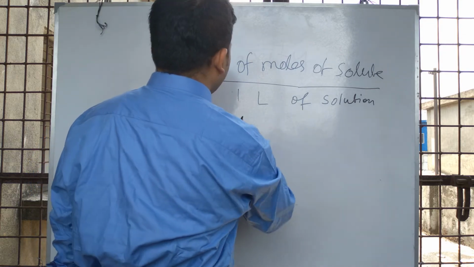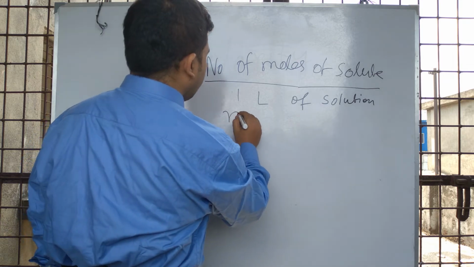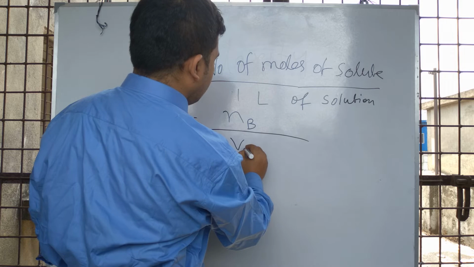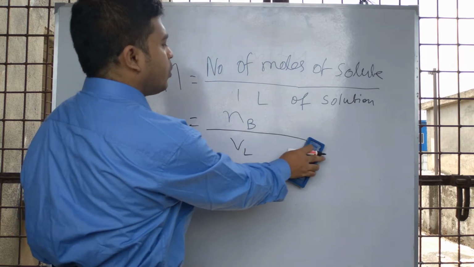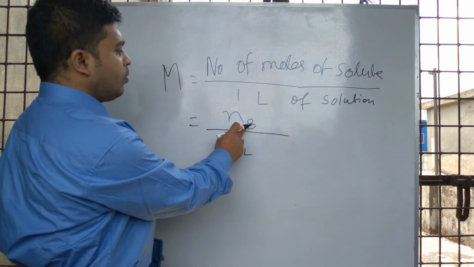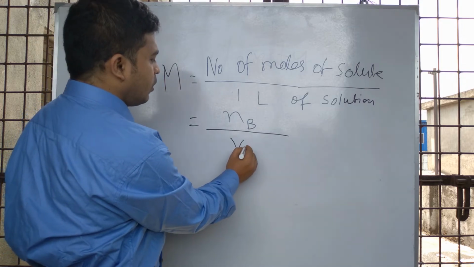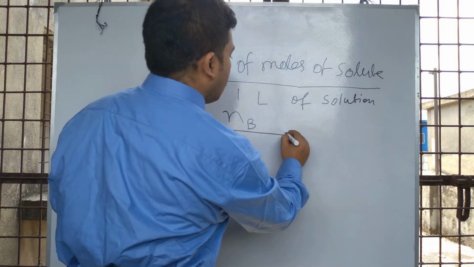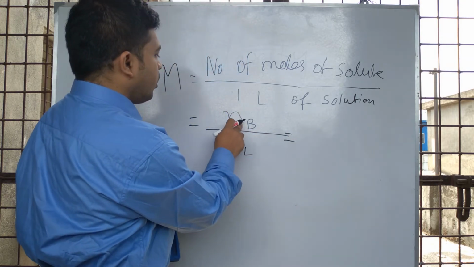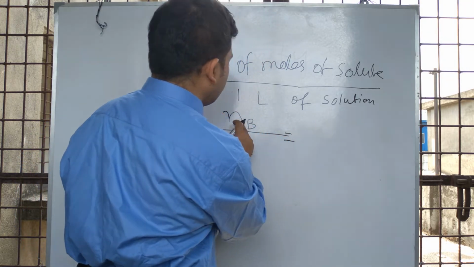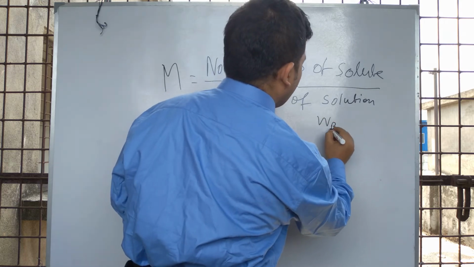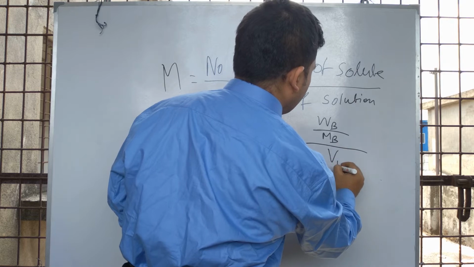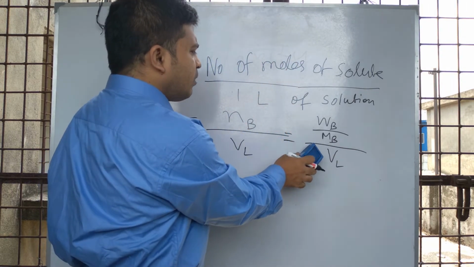If we take the number of moles of solute as Nb and the volume of solution V in liter, then our equation looks like Nb by V in liter. After splitting the Nb term, we can write Wb by Mb divided by V in liter. This is another equation.